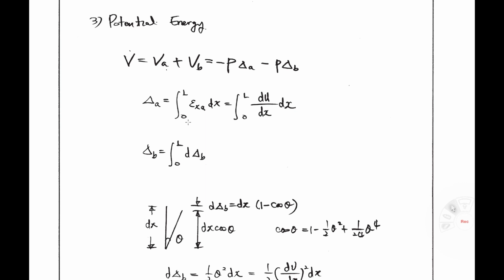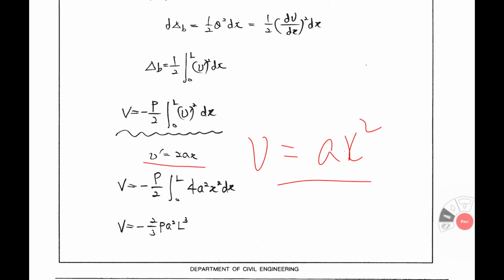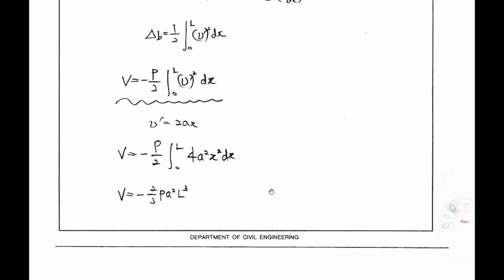So we just consider the bending related term. By the way, this is the resulting equation regarding potential energy. V prime equal 2ax because we assume V equal ax squared. So V prime is 2ax. If we input this value here, then you can get this one. Finally, you can get this result. That is potential energy. And let's go to next page.